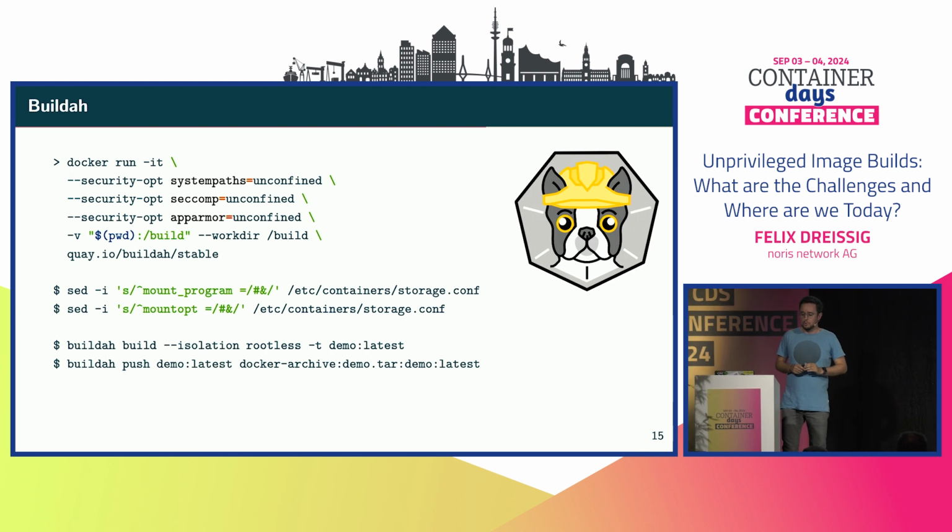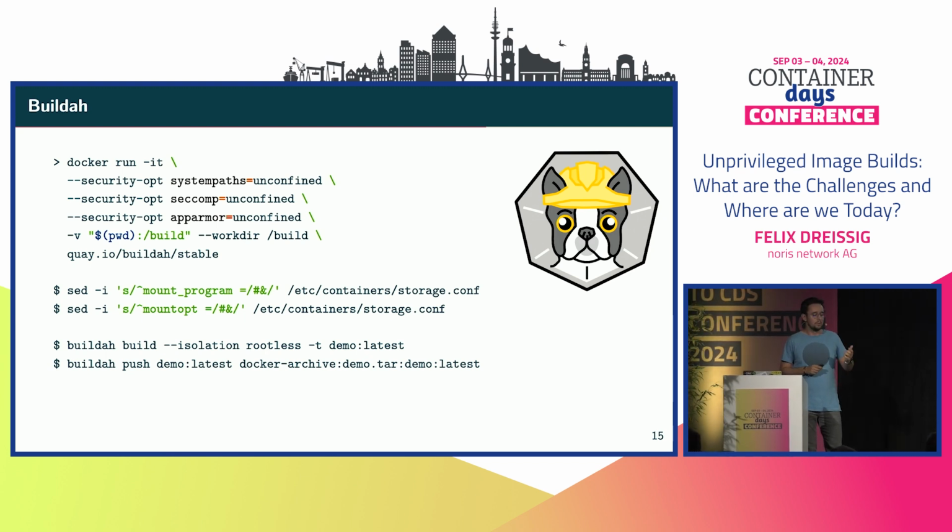However, what we need to do is adjust the config through these set commands. So what is this about? As I mentioned earlier, it was somewhat common to use FUSE, a user space file system, instead of overlayfs. But these days, I prefer to use it without FUSE. The container image I'm using here comes pre-configured with the FUSE driver for file system stuff.